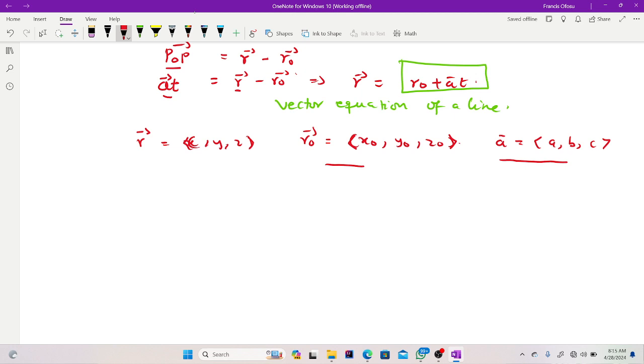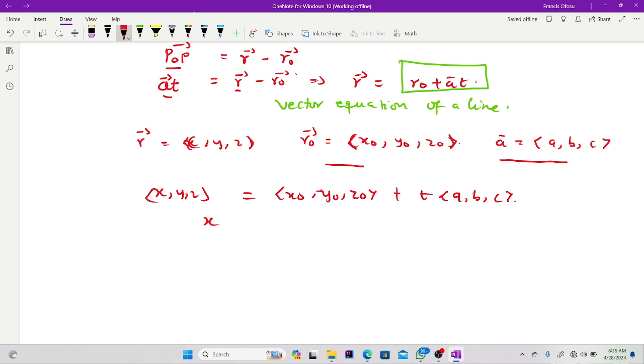So to find generally any point on the line, which is X, Y, Z, which you don't know, it is equal to this vector addition here. Therefore, I can have my X, Y, Z in vector form equal to X naught, Y naught, Z naught plus T multiplying our vector A, B, then C, right?